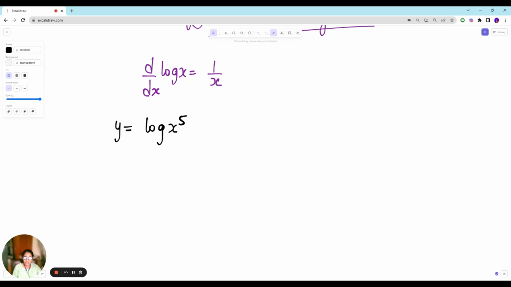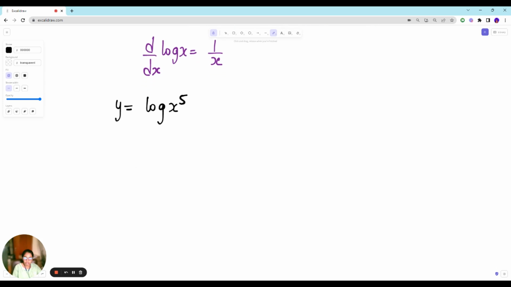We use the chain rule. I hope you remember what the chain rule is. Let me take t is equal to x to the power 5. Then our given question becomes y is equal to log t. Now what is dt by dx?